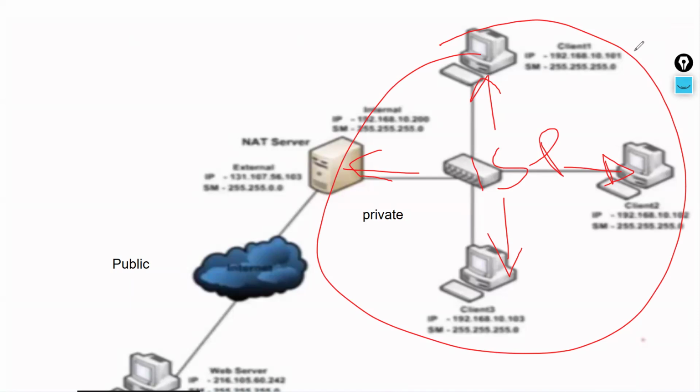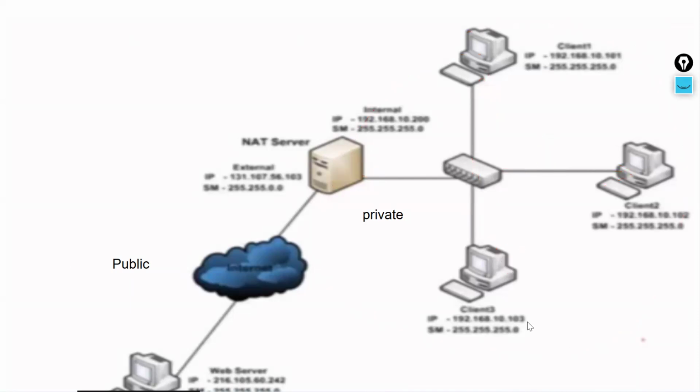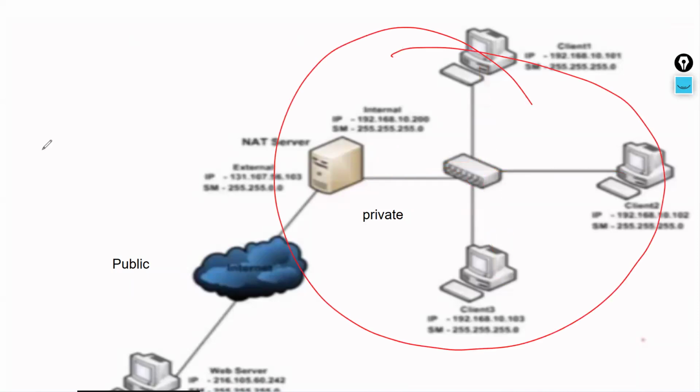One end of the internet cable connects to your laptop, and the other end connects to your NAT gateway. That means all these machines are interconnected with each other. The whole thing is a private network.